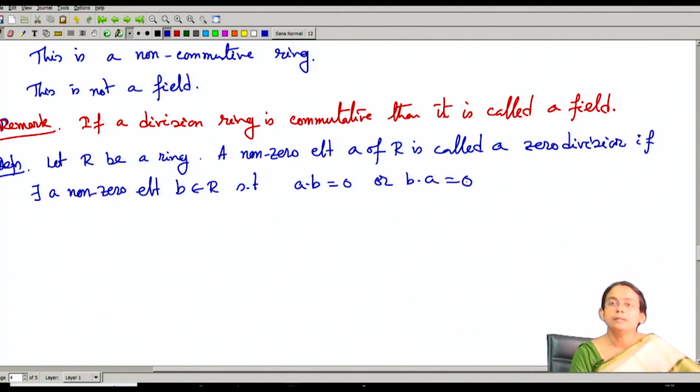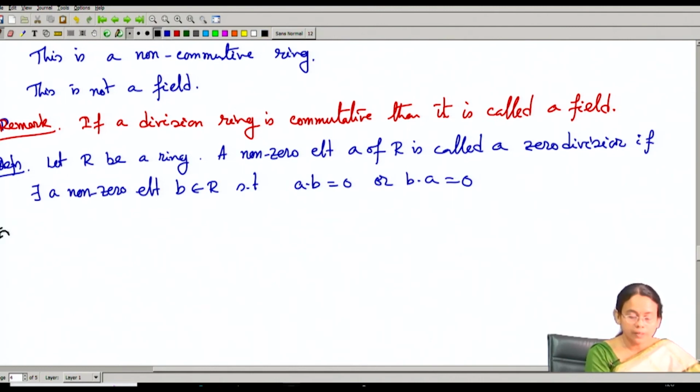So, here we can see that two non-zero elements are getting multiplied to the 0 element. If you see in the ring of integers, it never happens. Two non-zero elements cannot multiply to give a 0 element. But we can find examples of zero divisors in the following rings.